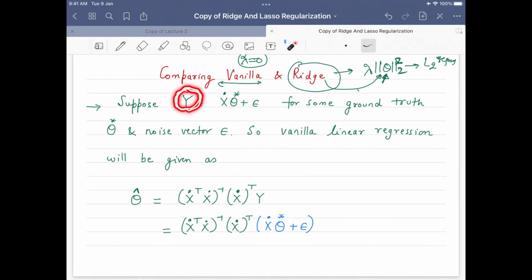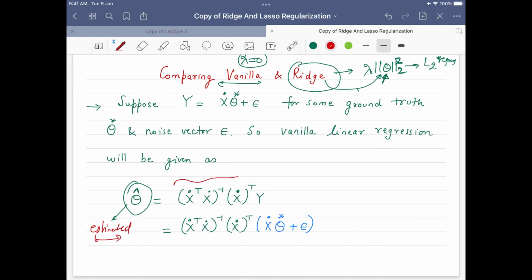If I am adding a noise epsilon naught to this matrix vector multiplication, then I get some generated samples y. Now we know through the vanilla linear regression concept that our theta star, the estimated value which we are estimating, comes out to be this expression, which we already know from our earlier discussions. Now I am putting this value over here. This is the y, which is the generated samples.